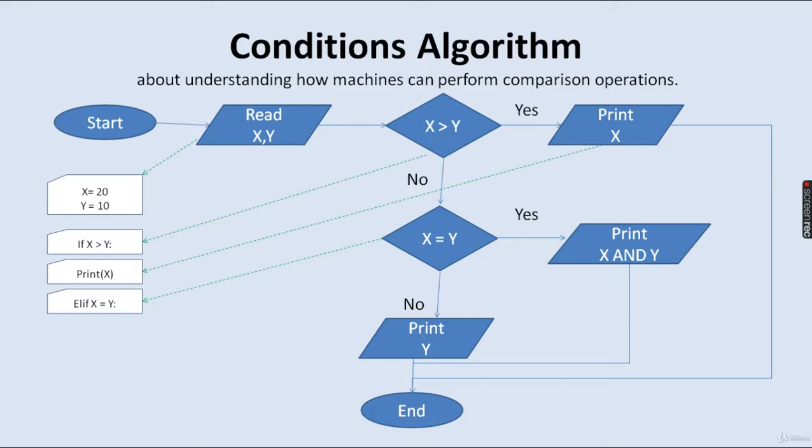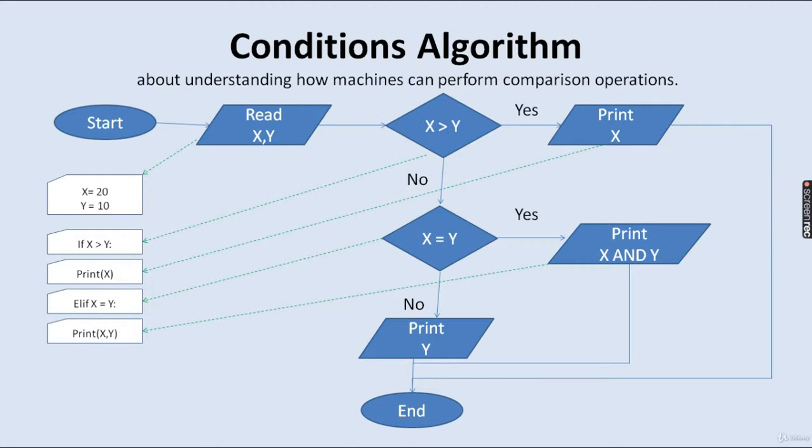And the diamond y equals x can be expressed using elif in the second part of the if statement, and then the condition x equals y. Elif is usually followed by a condition.